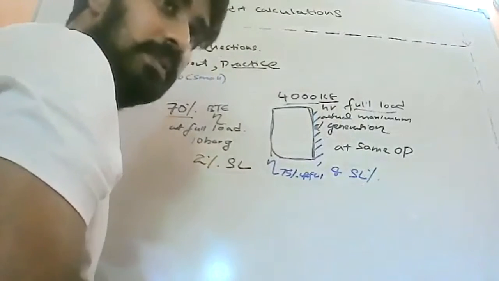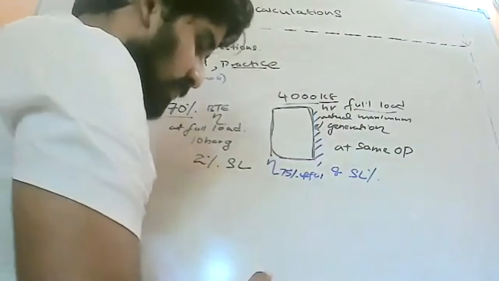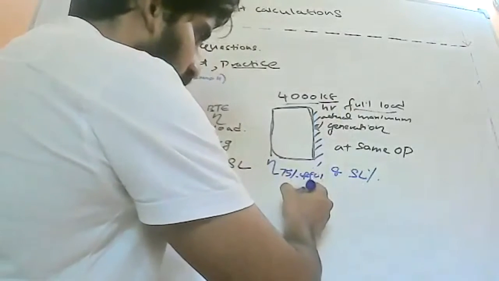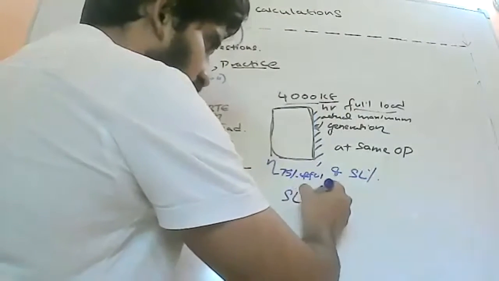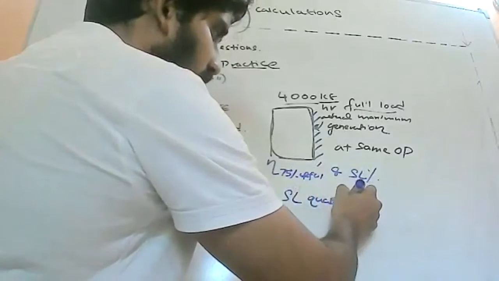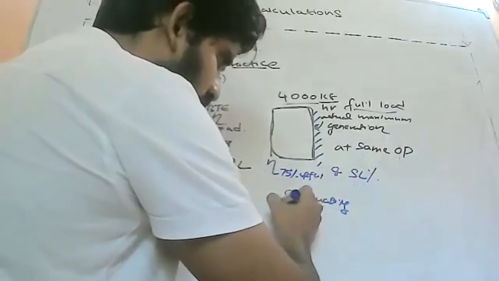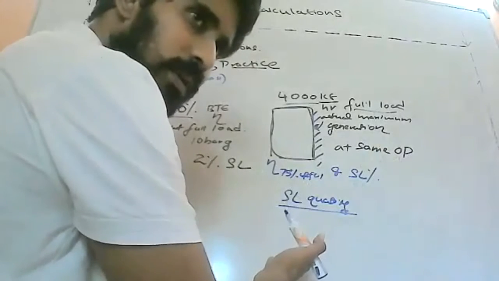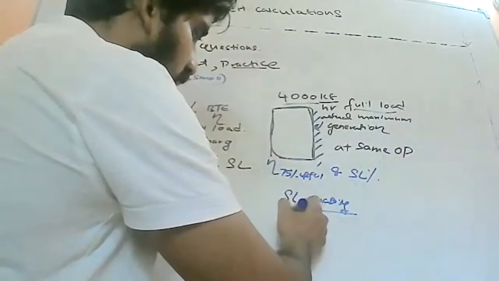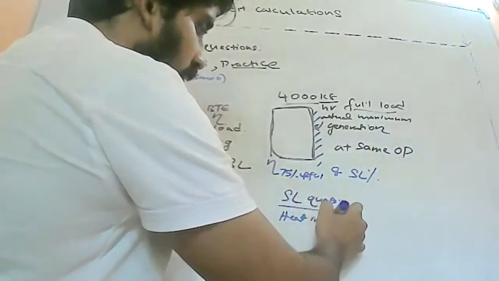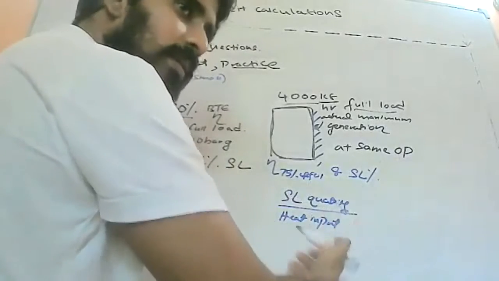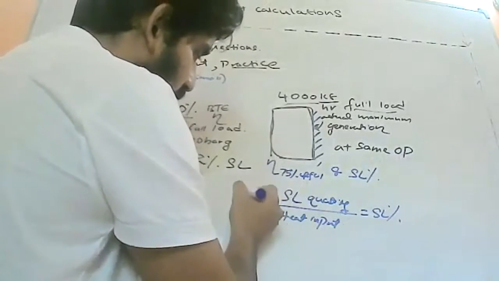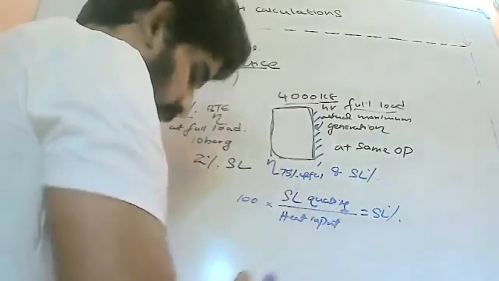If you are going to generate a formula for this, the surface loss percentage is the surface loss quantity, in joules or any unit, divided by the heat input, because we have to give some heat. If we multiply this by 100, then you will get the percentage.